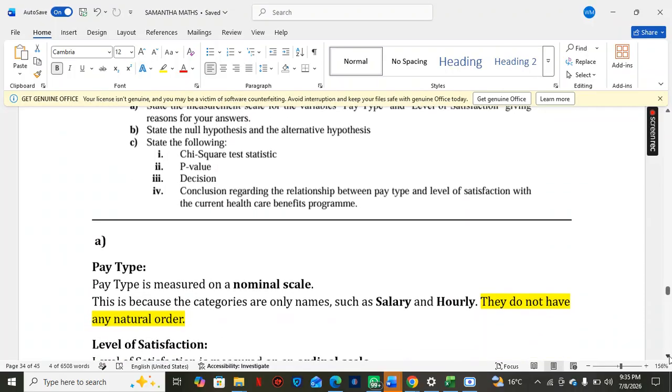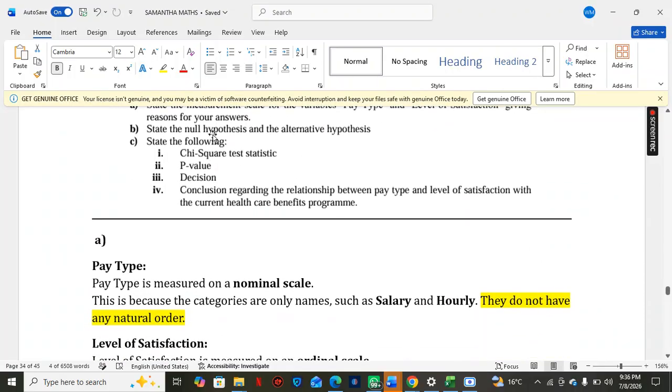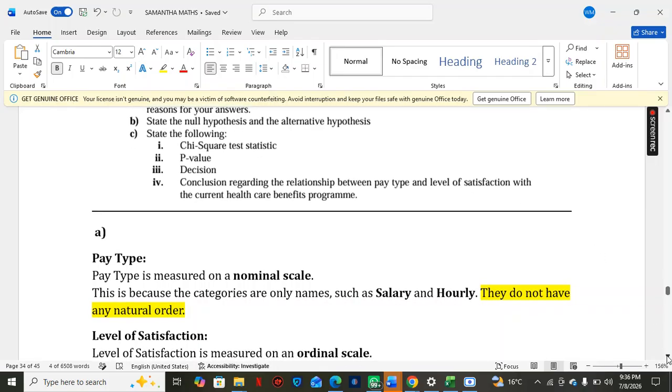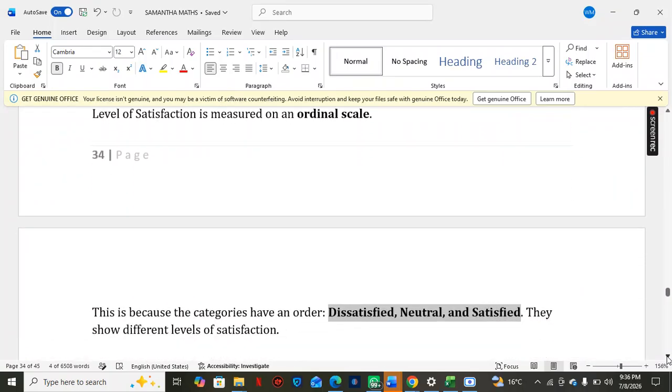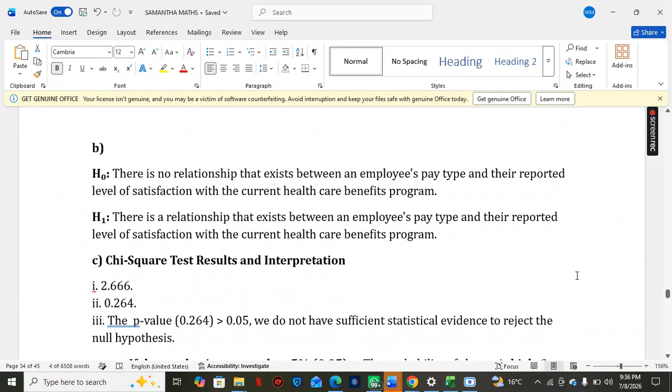Part B says state the null hypothesis and the alternative hypothesis. So the null hypothesis is usually the claim that is meant to be true, and the alternative hypothesis is the challenging claim. It's a claim that is challenging the null hypothesis. For a chi-square test, the null and alternative hypotheses are always standard.